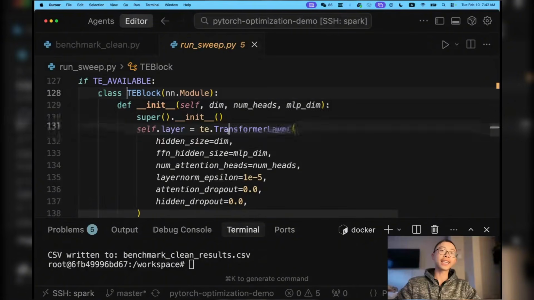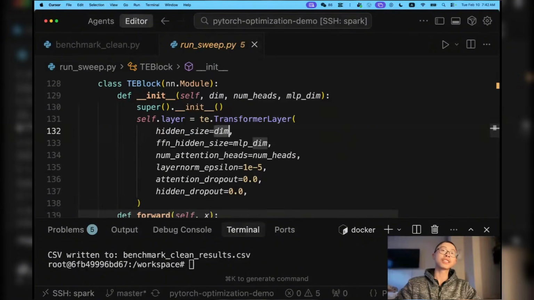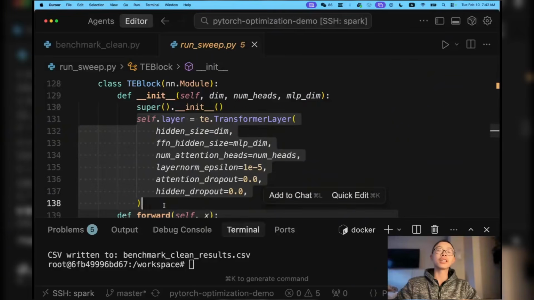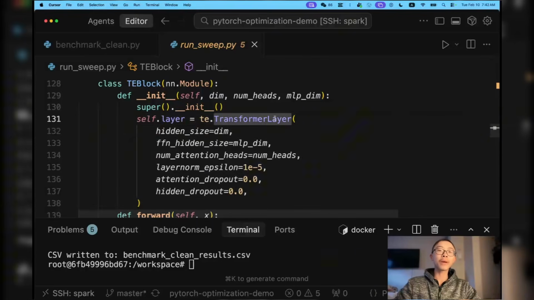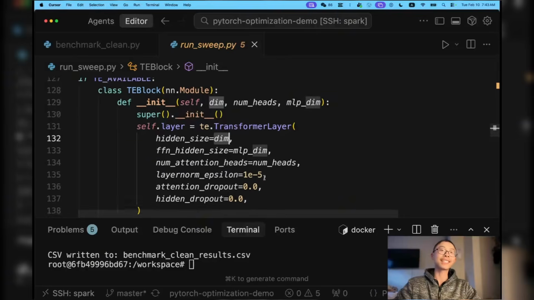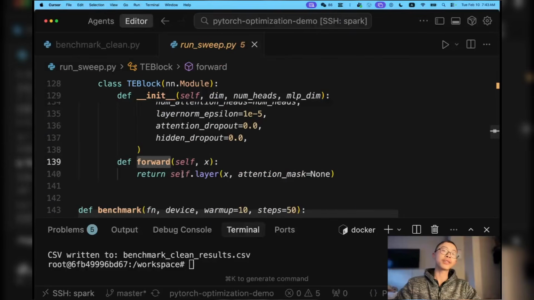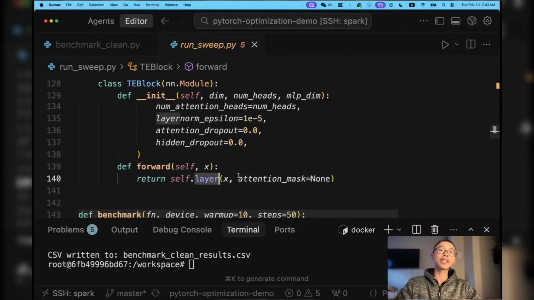Now you initialize a transformer layer with the hidden size and the number of heads, just like how you would initialize a PyTorch attention layer or MLP layer. And the good thing is, it will automatically fuse the MLP and attention together in a single transformer layer. So you can pass in the parameters very easily. To call the forward pass, you simply call this transformer layer and pass in the input.